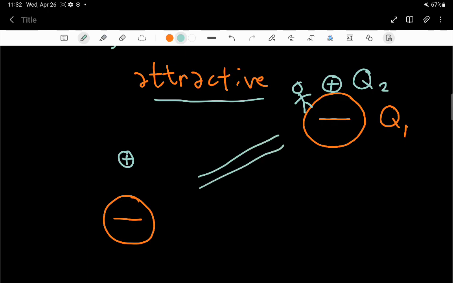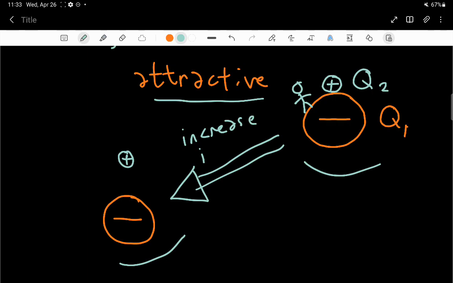In this transition, if you go from this drawing to this drawing, then this is called an increase in potential energy, but it's the electric potential energy, right? Because you took two things that are attracted towards each other and you caused them to be further separated.